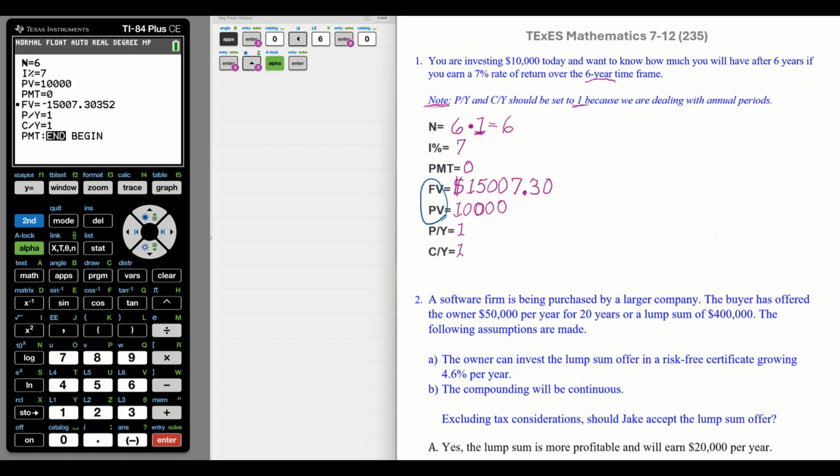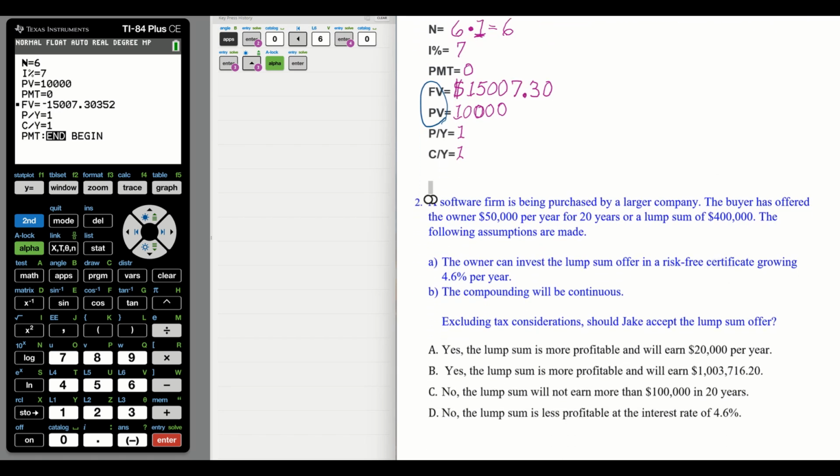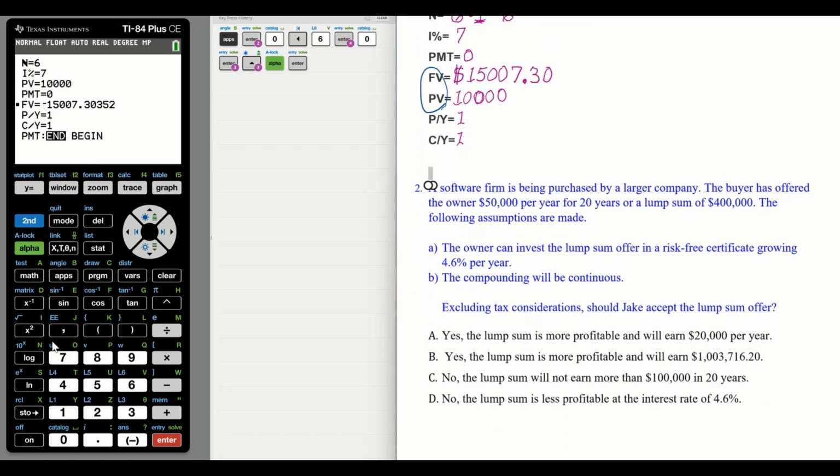Okay, so let's go to number 2. That's a pretty good word problem. It says a software firm is being purchased by a large company. The buyer has offered the owner $50,000 per year for 20 years or a lump sum of $400,000 right up front.